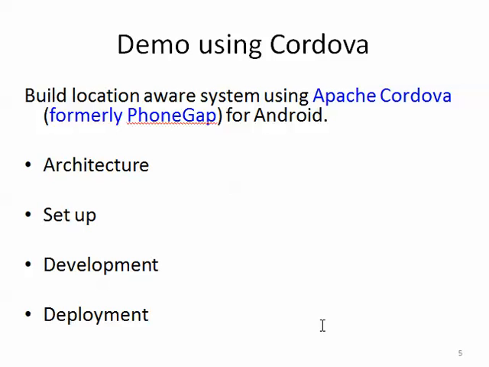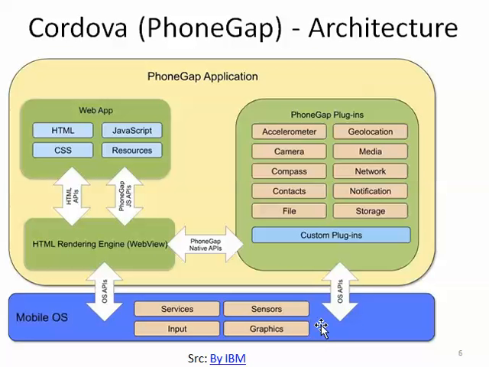We will go over, as indicated here, the architecture, the setup, the development, and the deployment. I don't expect that you will fully understand what is described here, because there will be code specific to the system, but you will get an idea of the process of doing this. Something that we can understand is the architecture.